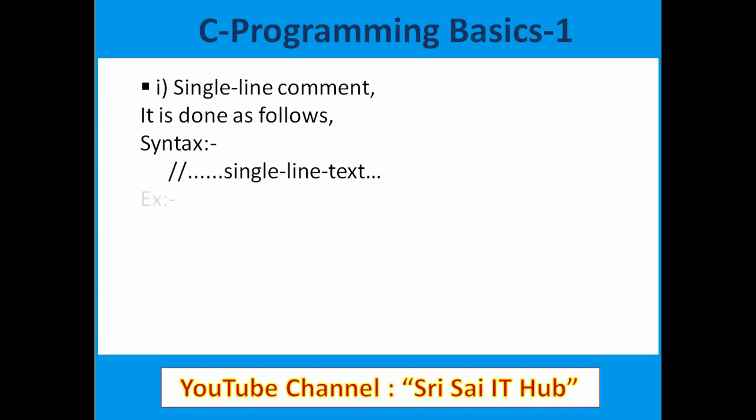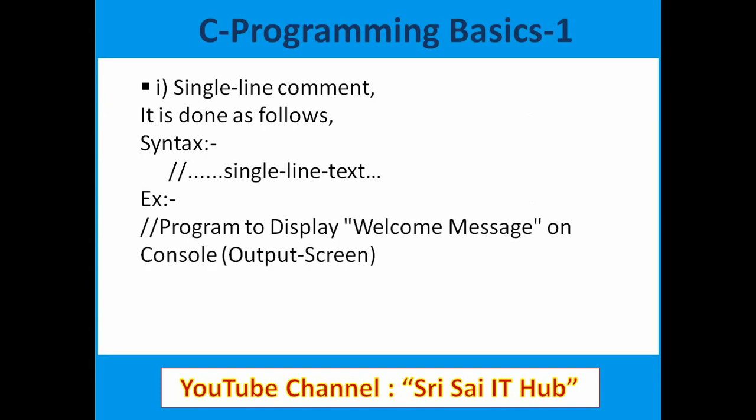Example, 2 forward slashes, program to display welcome message on console. Console means output screen. Any person who is reading your program will have easy understanding of your program if you write this comment. Similarly, we can also write the comment anywhere in the program.